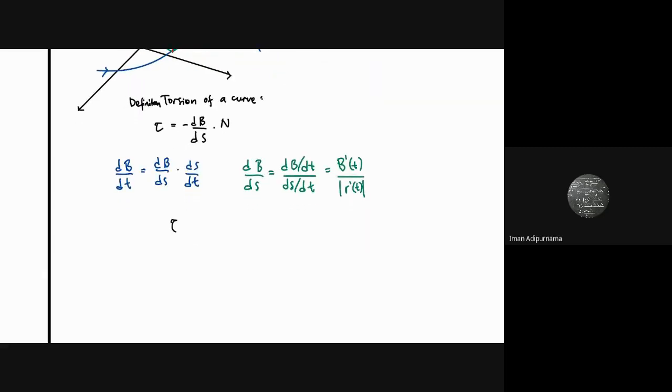So the torsion becomes negative B prime dot N divided by the magnitude of R prime.